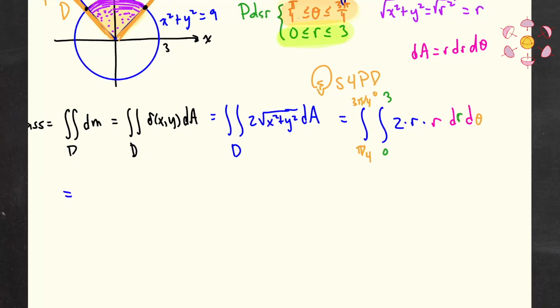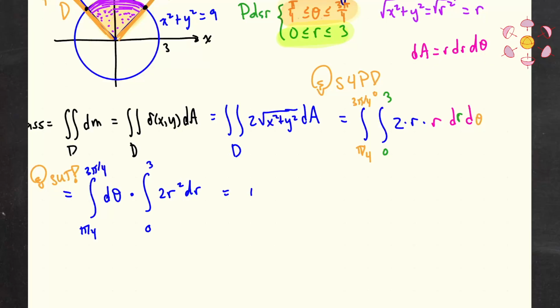I would say another really lovely trick is in order. This is the trick called sometimes useful, which means when we've got an integrand where we've got functions that are products, we can split the integrals up into products. So we've got 2r squared dr is our integral in r, and d theta has no function, so it's just d theta. Okay, so pi over 4 to 3 pi over 4, 0 to 3. Let's integrate.